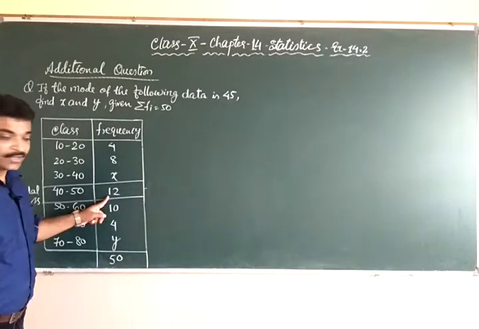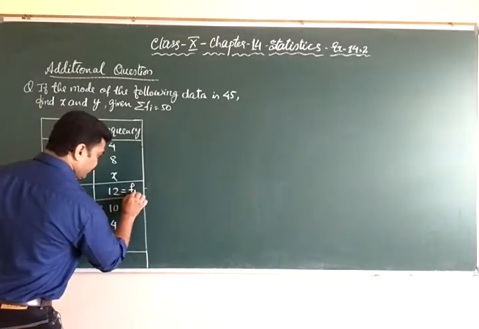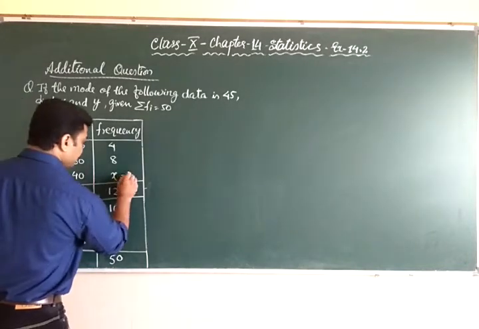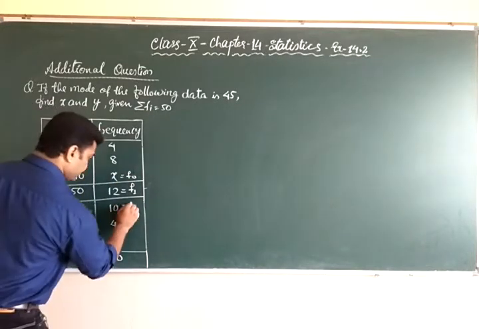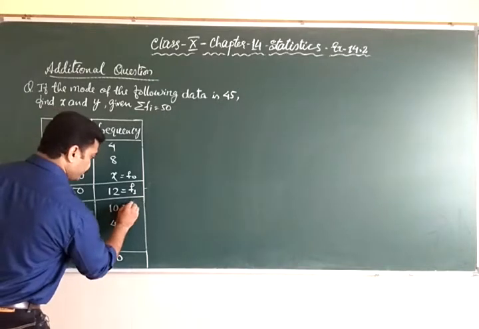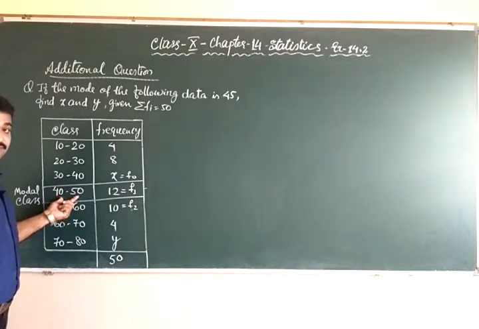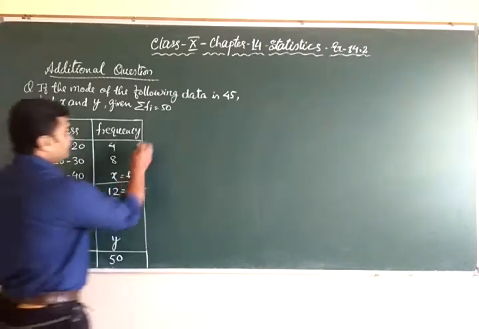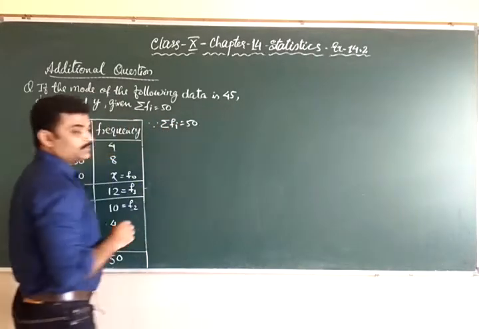This is 12, the frequency of the modal class, that is f1. The frequency of the preceding class is f0, and the frequency of the succeeding class is 10, that is f2. The class size of the modal class is 50 minus 40, that is 10, and the lower limit of the class is 40.